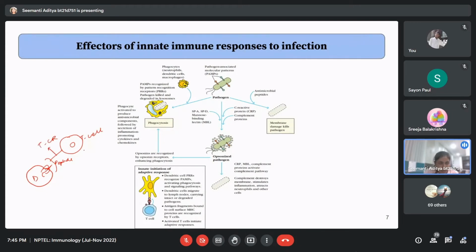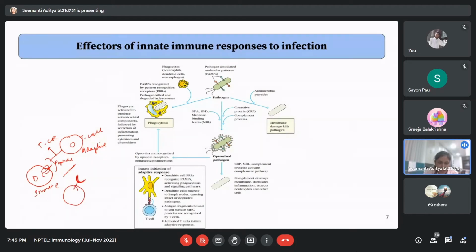This T cell belongs to the adaptive immune response, and this belongs to the innate immune response. So you see, the dendritic cell is basically presenting it to the adaptive immune response, and it is going to act as a bridge.